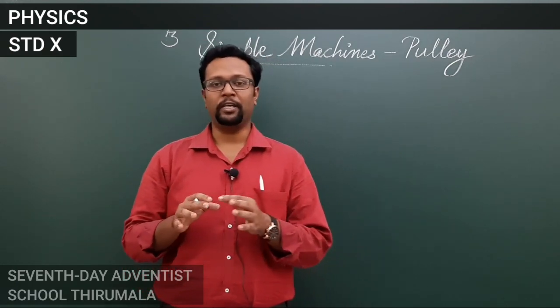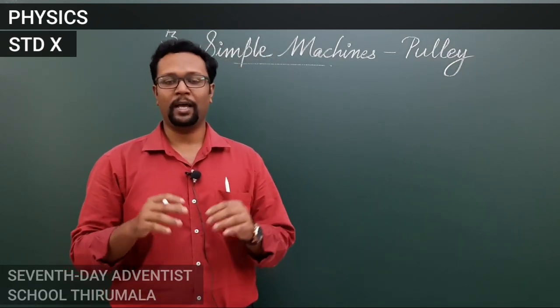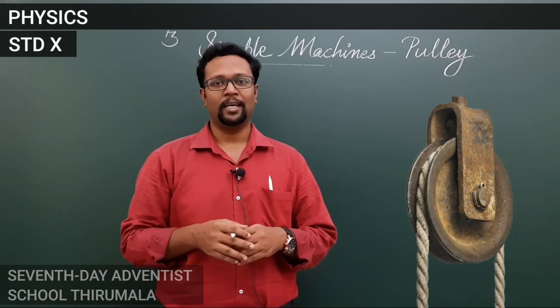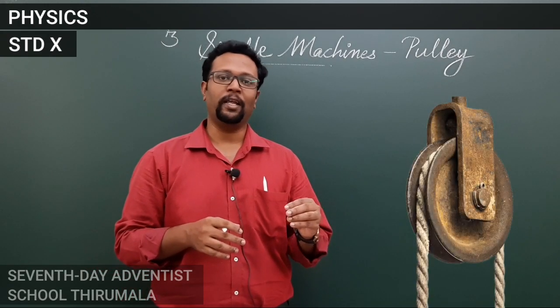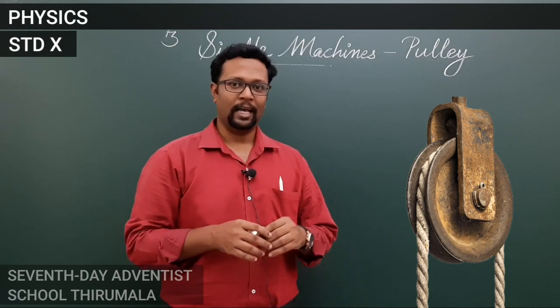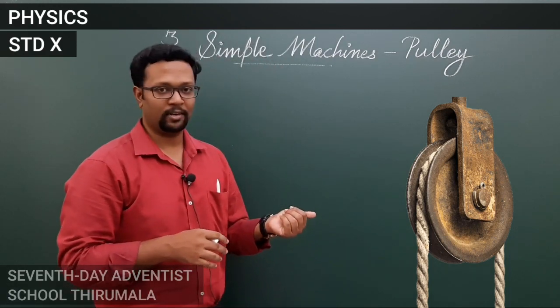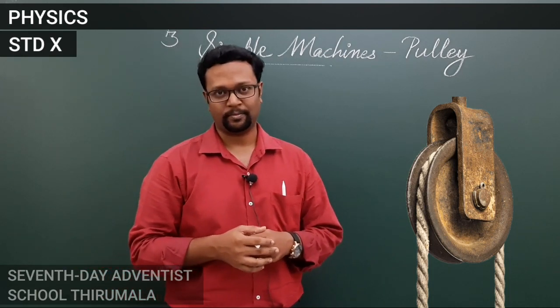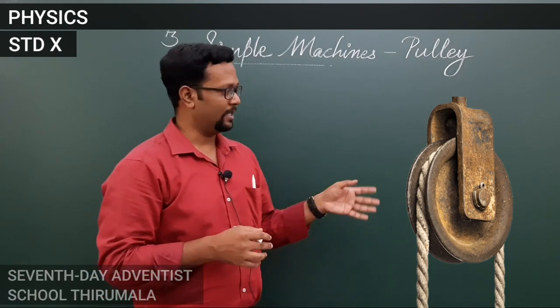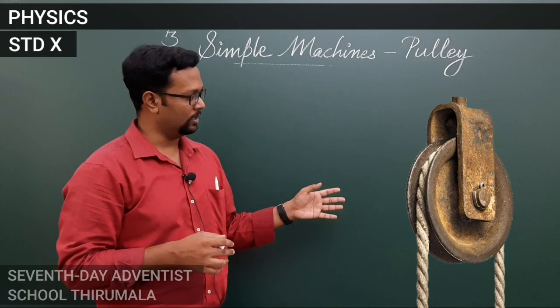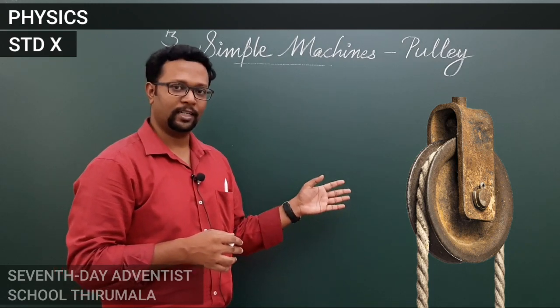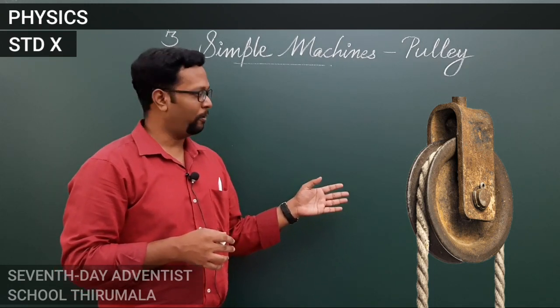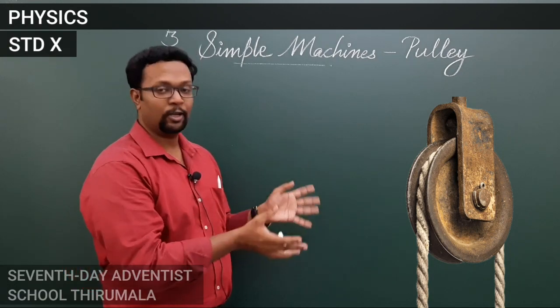Pulley is a word which we are all familiar with. You have seen a pulley from childhood, and also you have learned about pulleys in smaller classes. Here, from the picture on the screen, you can understand what a pulley is. A pulley is a simple machine, and look at the picture, what do you see? What's the shape of a pulley? A pulley is circular in shape.